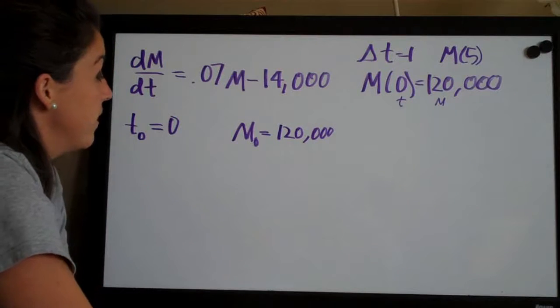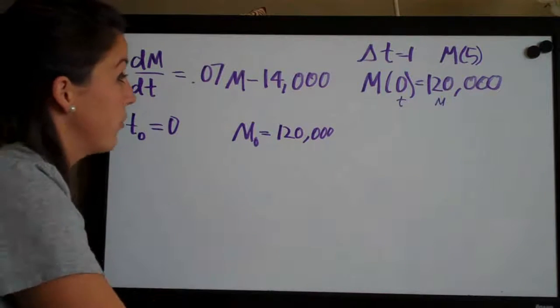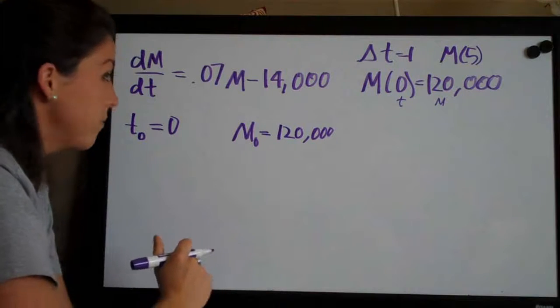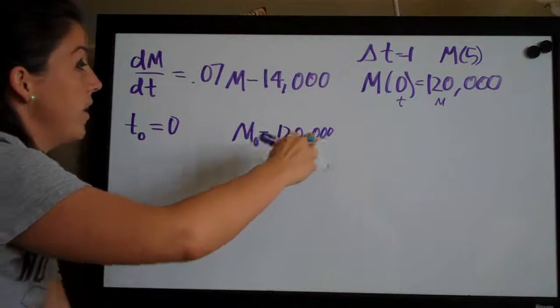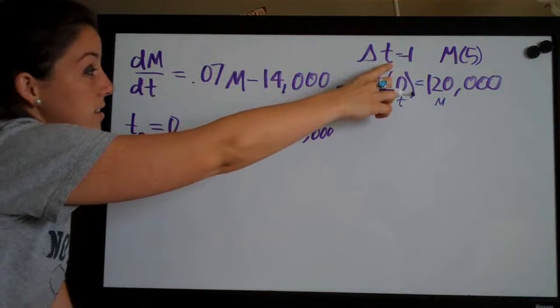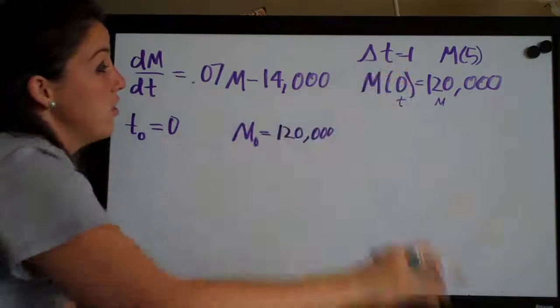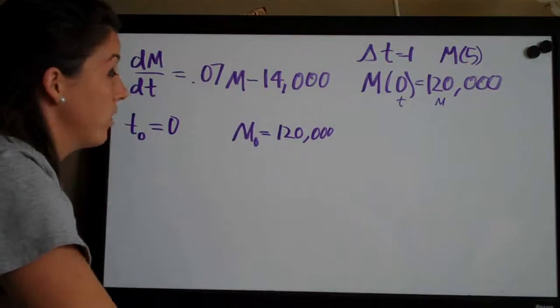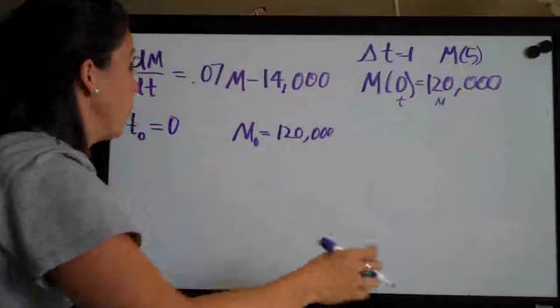And then we need to start building the table. So the first thing we do, we want to build out this t column. And the way that we do that, they gave us that delta t, or the change in t, should be equal to 1, and that they want us to estimate m of 5, or in other words, when t equals 5.